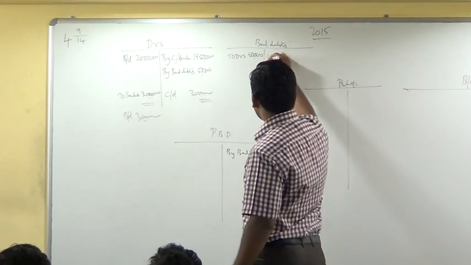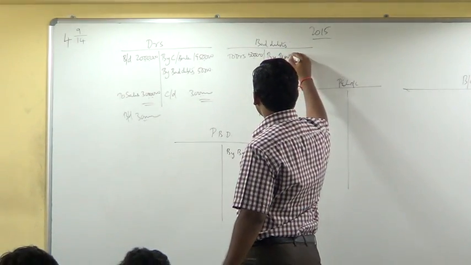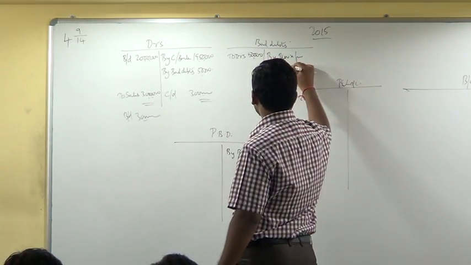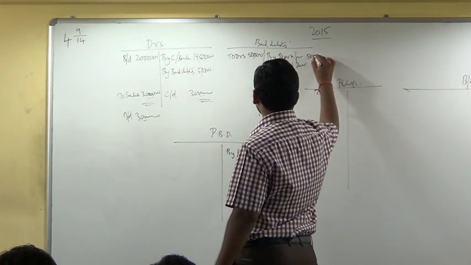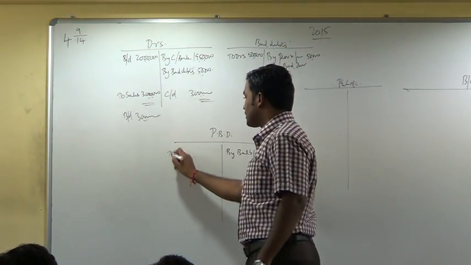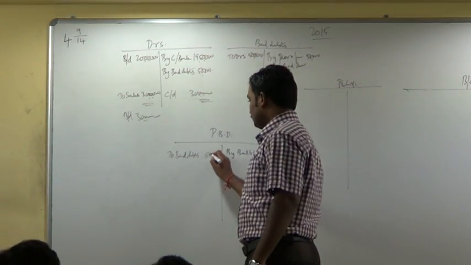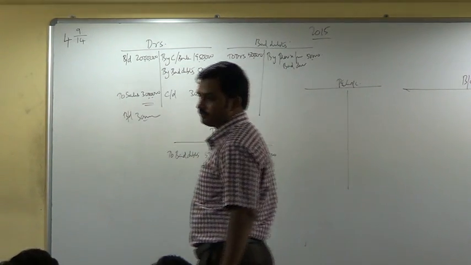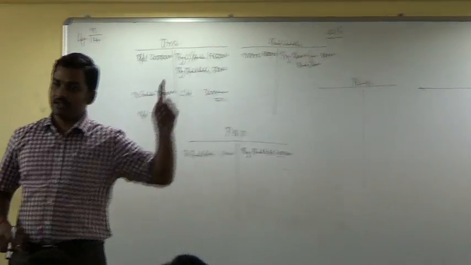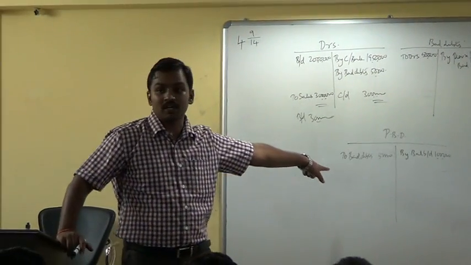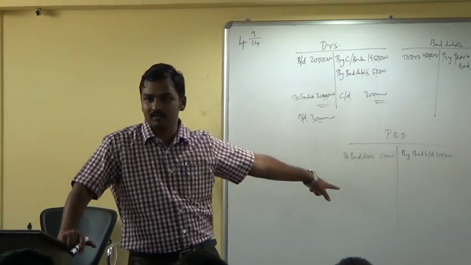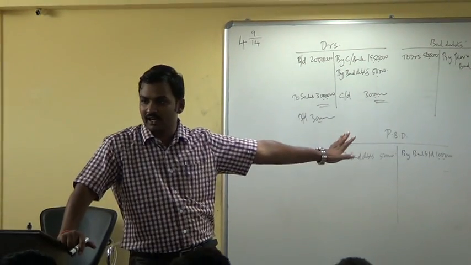So here you write by provision for bad debts 50,000. Provision for bad debts account you will write to bad debts 50,000. Bad debts account is closed and it is debited to which account? Provision for bad debts account. Is it clear? That is how we handle it.